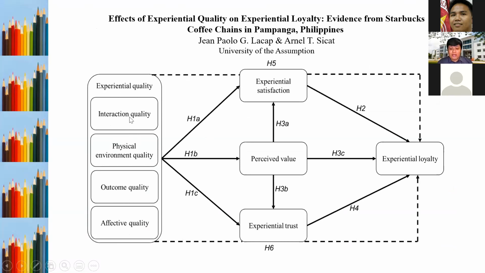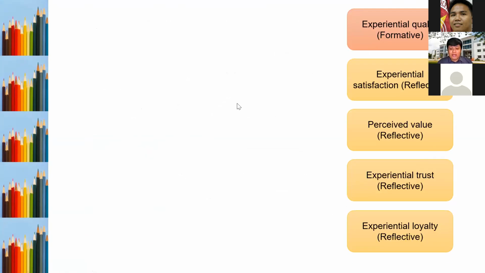Experiential quality in our paper was measured formatively. Why? Because it has 4 dimensions, and these 4 dimensions form experiential quality. That's why we measure experiential quality as a second order construct, but this time it is a formative construct.